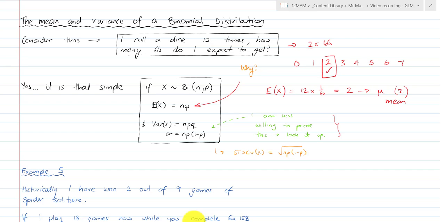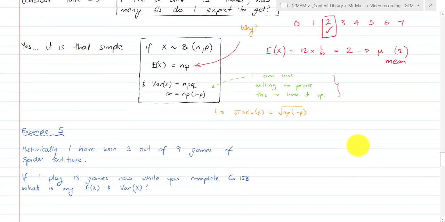If p is quite high, like 0.95, it creates a larger expected spread, whereas the data is centered more if p is centered more. That's what this variance calculation does. As long as you know that the variance is npq, or n times p times 1 minus p, because q is equal to 1 minus p, and that the standard deviation is the square root of the variance, which we've covered before, then you'll be able to do these calculations.